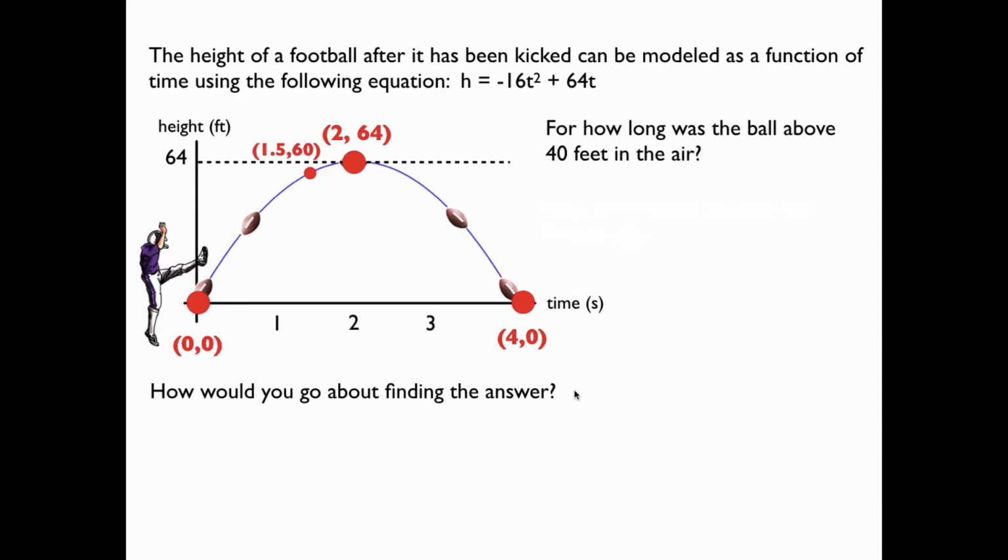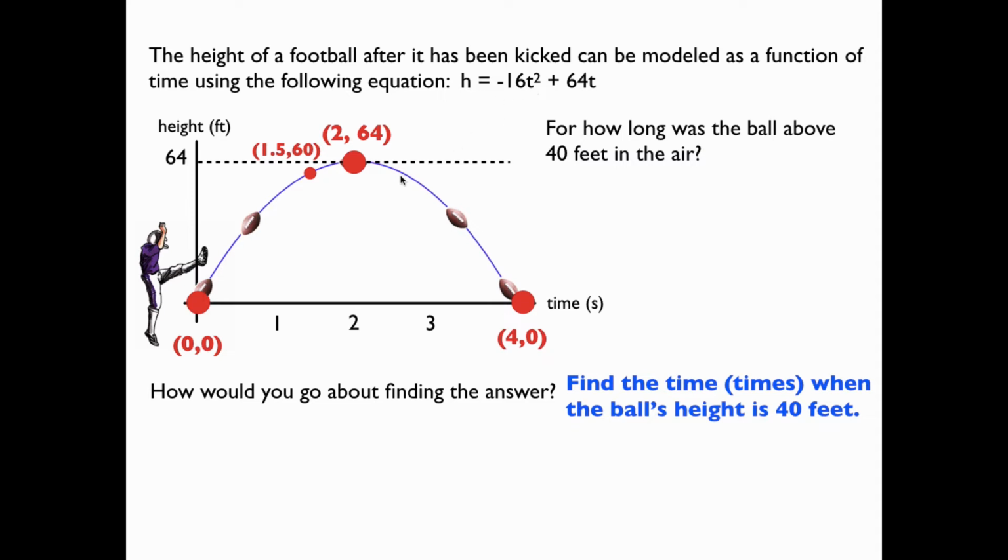All right, so the answer is you're trying to find the time, or in this case the times, when the ball's height is at 40 feet. So in this case, we're being given an output, and we're trying to find an input that gives us that output. So when the height is 40 feet, what are the values of t?